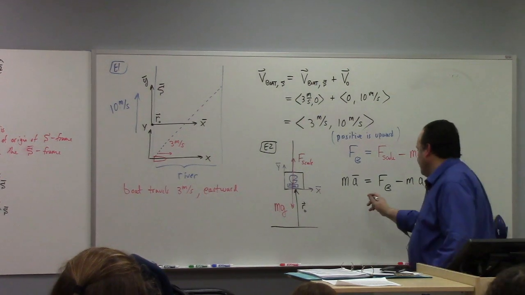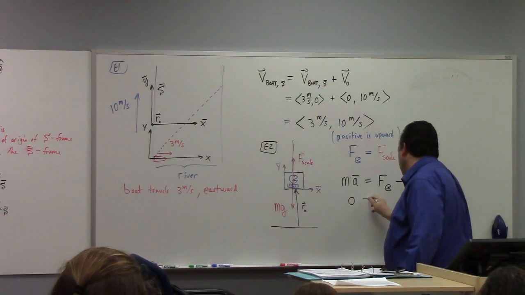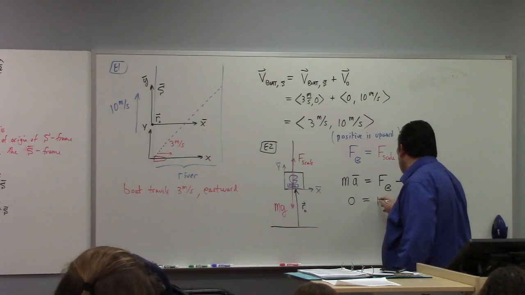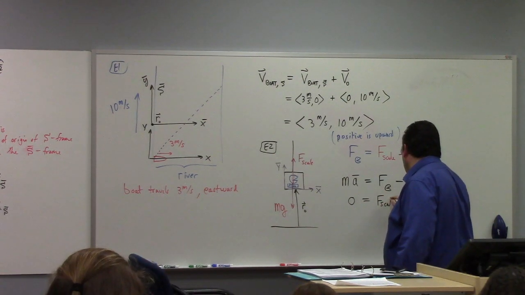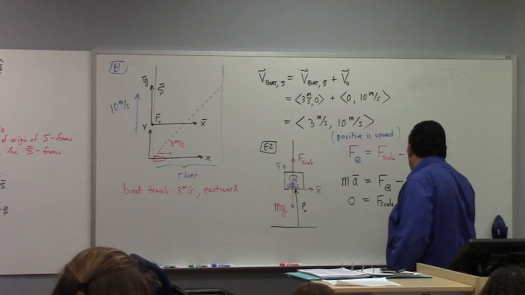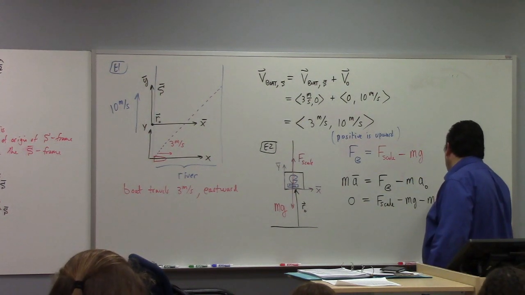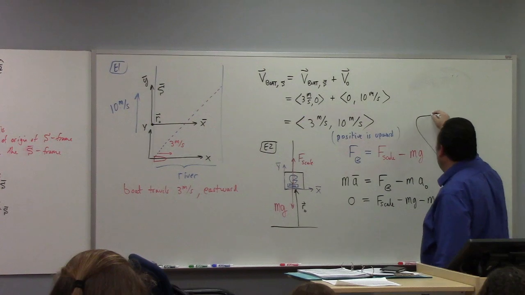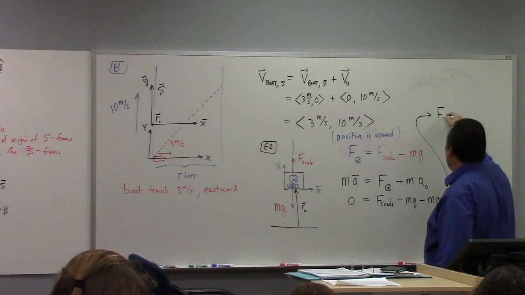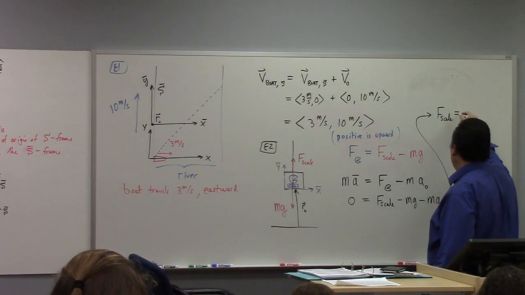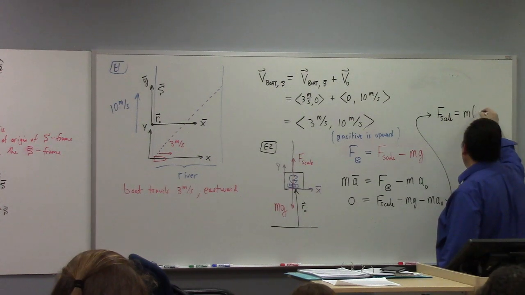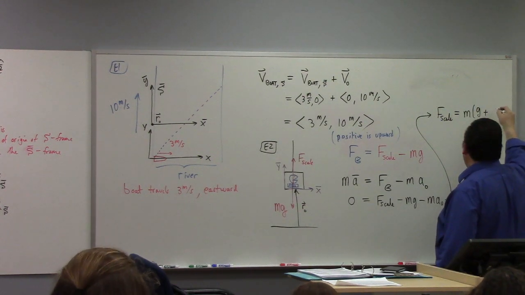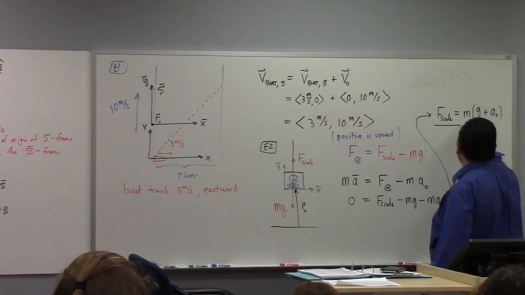So we have 0 is equal to the scale force minus mg minus ma naught, which we can solve. And that gives us what? The scale force is actually equal to m times g plus a0 if we do the algebra here, right?